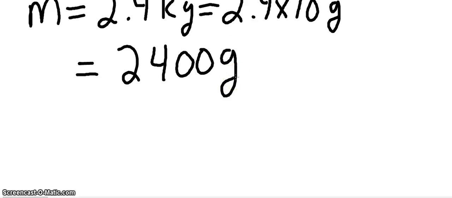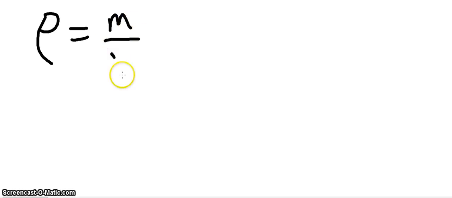Alright, so now let's get to the business of solving this, and we'll start with the equation. The density, rho, is equal to the mass, which we now have in the proper units, divided by the volume. This is a typical thing that we're going to do throughout the semester.